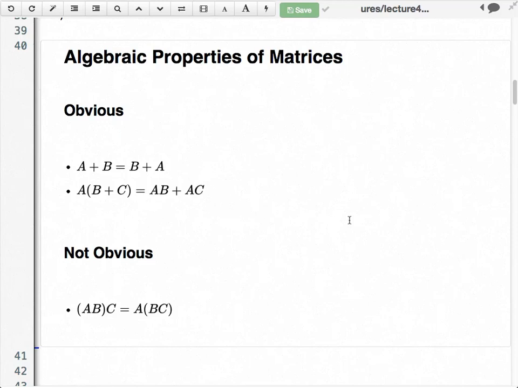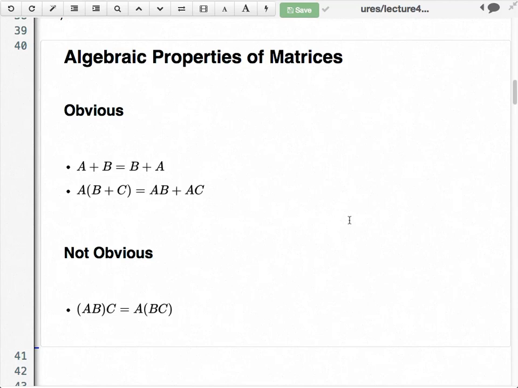So the sum, k goes from 1 to m, of A sub ik times, and now I have to give the kj entry of the matrix on the right. The kj entry of B plus C is B sub kj plus C sub kj. Okay?